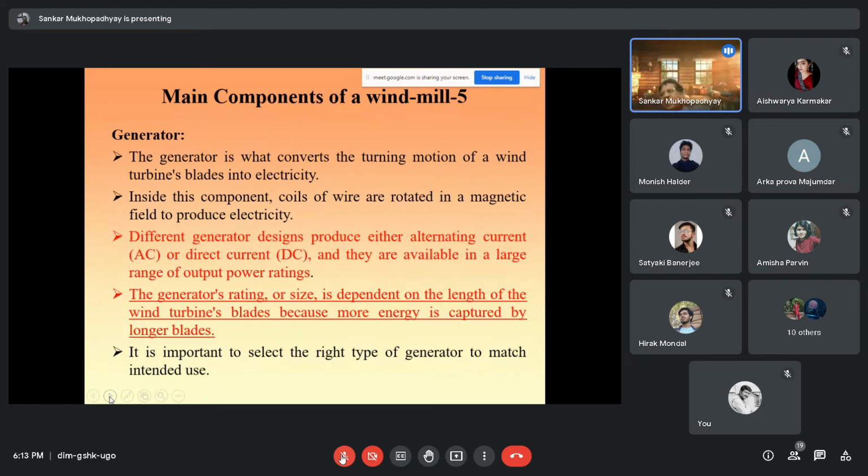You can prepare AC generator, you can fix up AC generator or DC generator. The generator's rating or size is dependent on the length of the wind turbine blades because more energy is captured by longer blades. Because you are giving blade area, more blade area, right? It is important to select the right type of generator to match intended use.